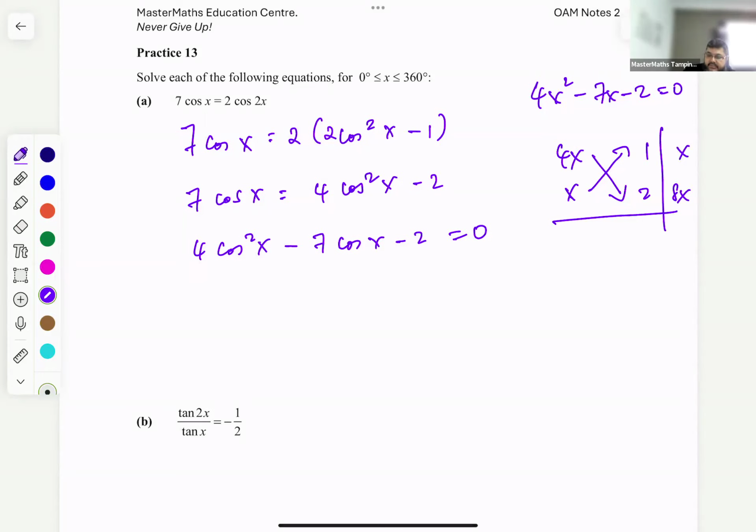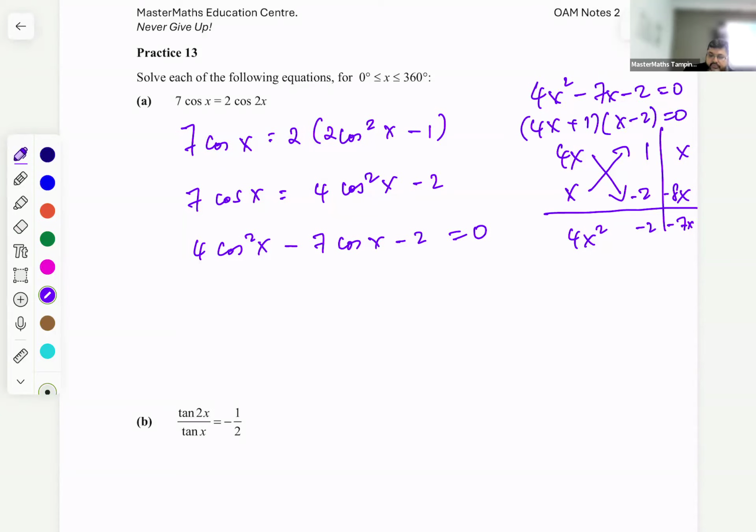One of these will be negative. So you have minus 7x minus 2 and you have 4x squared. So your thing now is 4x plus 1 and x minus 2 is equal to 0.